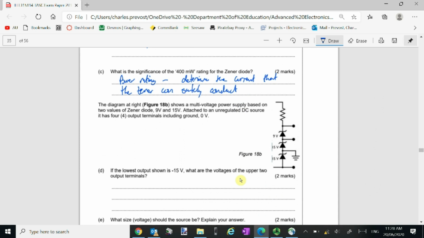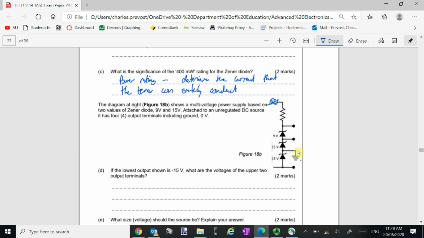Okay, diagram on the right shows a multi-stage power supply. So we've got 3 Zener diodes of 15 volts, 15 volts and a 9 volt, attached to an unregulated DC source, so that would be up there. And we've also got a ground connection here that's in between.